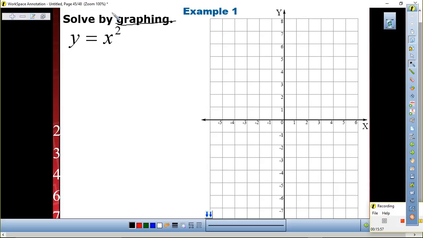The y-intercept is 0, 1. Philip, what can we do to graph this? What did your neighbor say?